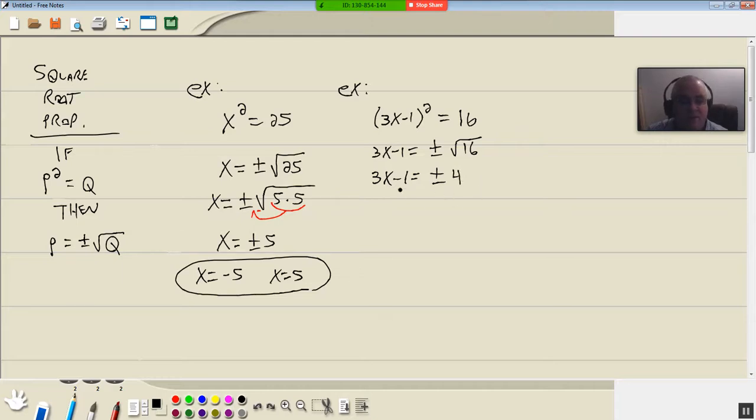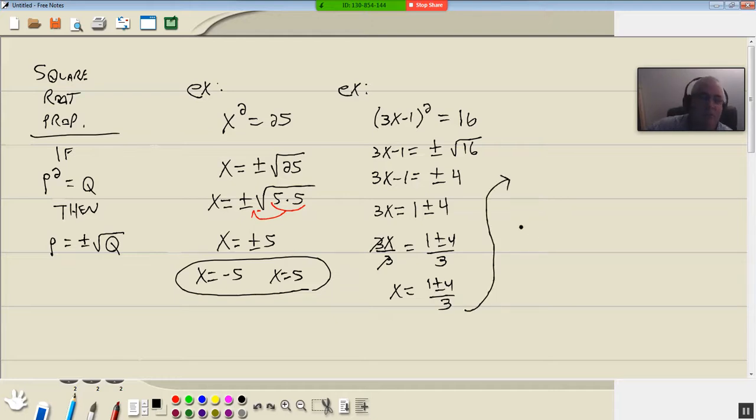So that simplifies. Now I'm trying to get x by itself, so I take negative 1 over. That's equivalent to adding 1 to both sides. So we get 1 plus or minus 4 on the right side. And then I'll divide both sides by 3. And those 3s cancel. And we've got x is equal to 1 plus or minus 4 over 3.